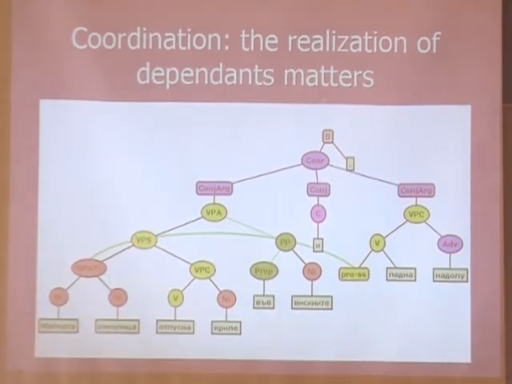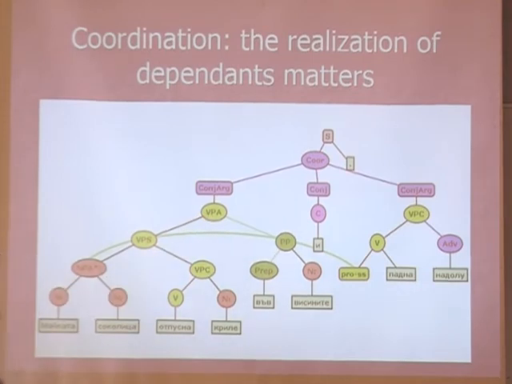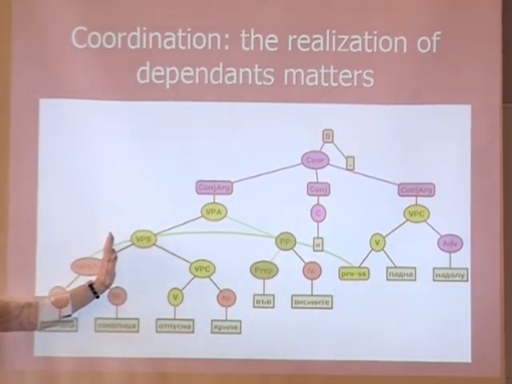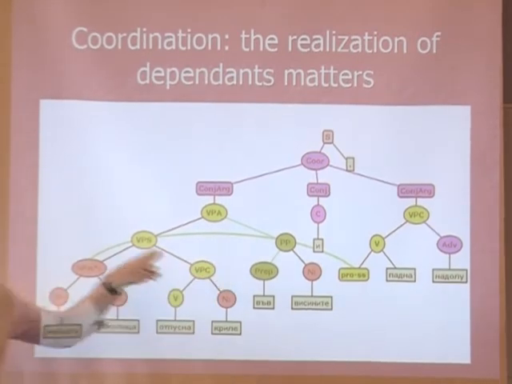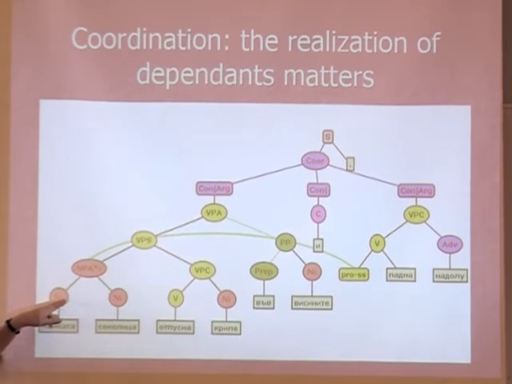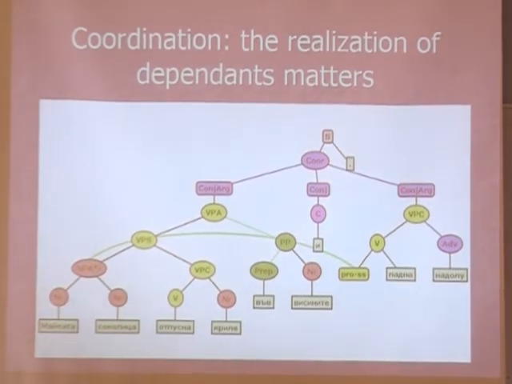The reason is very simple. If I did that, I would violate this realization of dependence, because here we have an adjunct, and if I put the subject in front, then I would be forced to take the adjunct before the subject, which is not what we want in our annotation scheme.